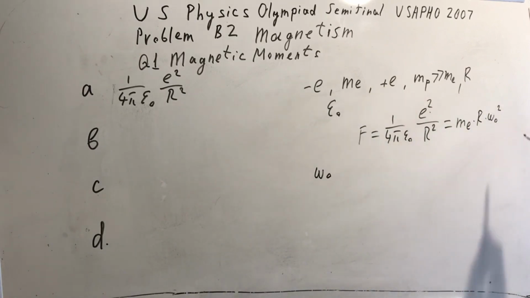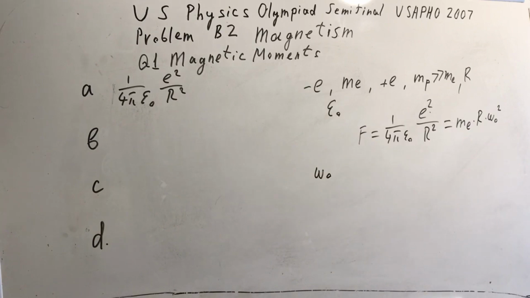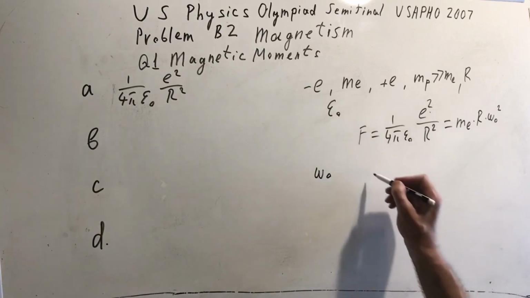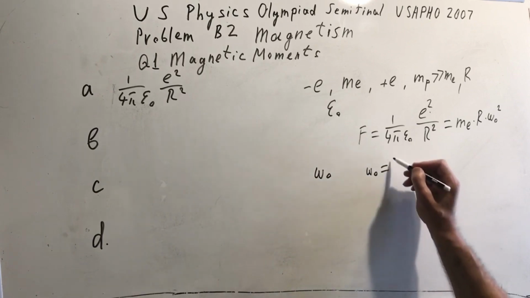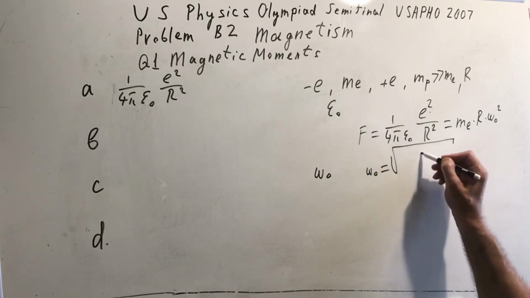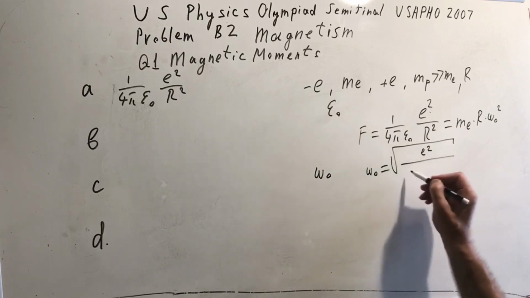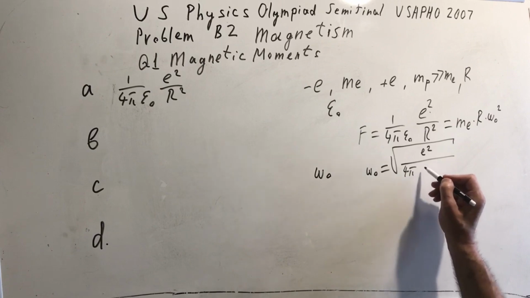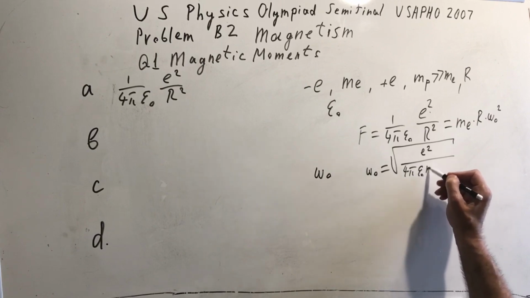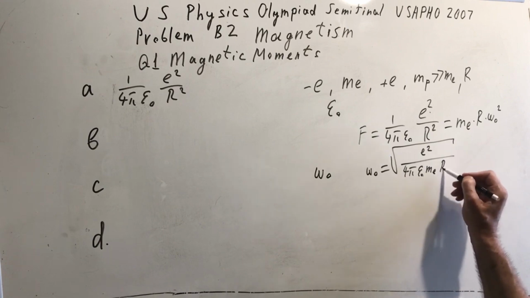This centripetal force is equal to the force between two charges, and from here we can find that omega 0 equals the square root of e square over 4 pi epsilon 0 mass of electron and the radius cubed.